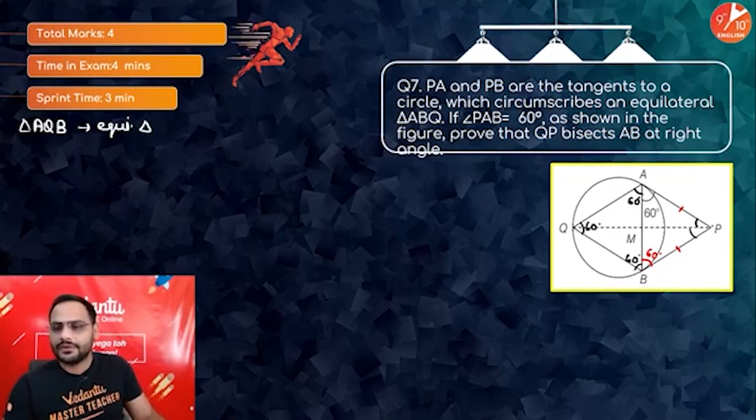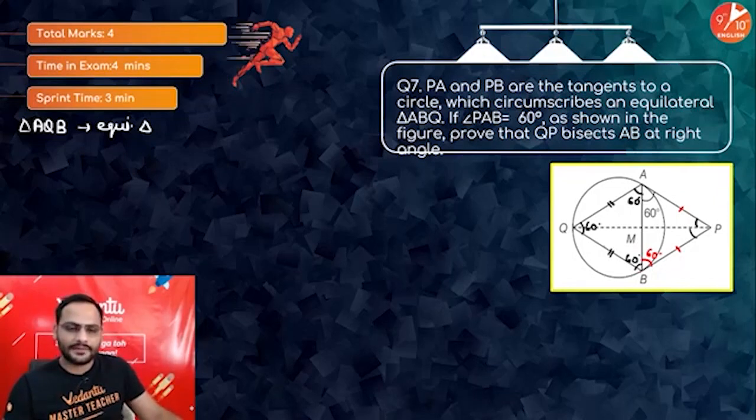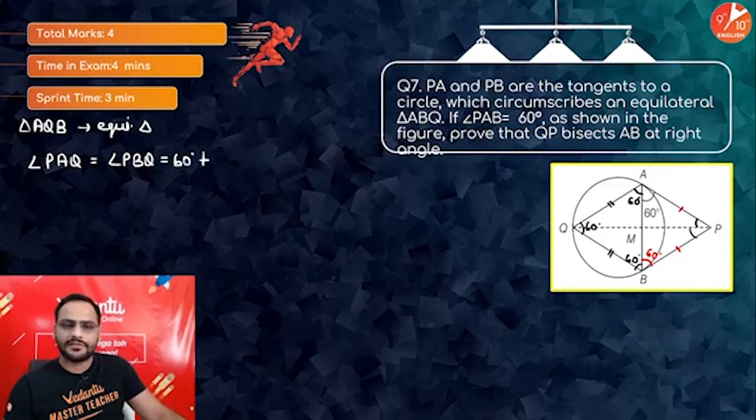And angle PBQ, angle PAQ will be 120, angle PBQ will be 120. Here PA is equal to PB, and here I can say QA is equal to QB, equilateral triangle. Right? So I can say angle PAQ is equal to angle PBQ. Both are equal to 60 plus 60, which becomes 120 degrees.